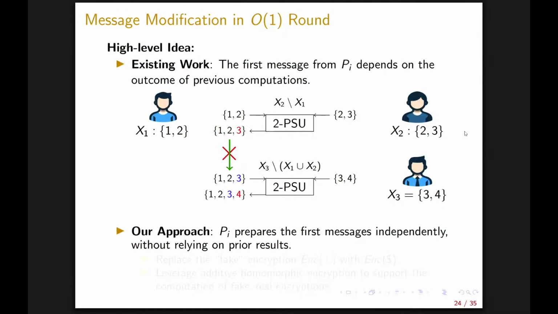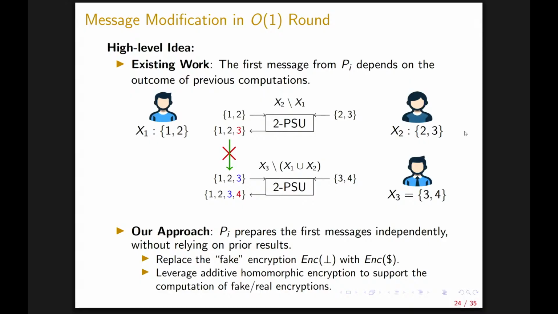Instead of using the encryption of some default value, now you use the encryption of a randomness. And we use additive homomorphic encryption to support the computation.